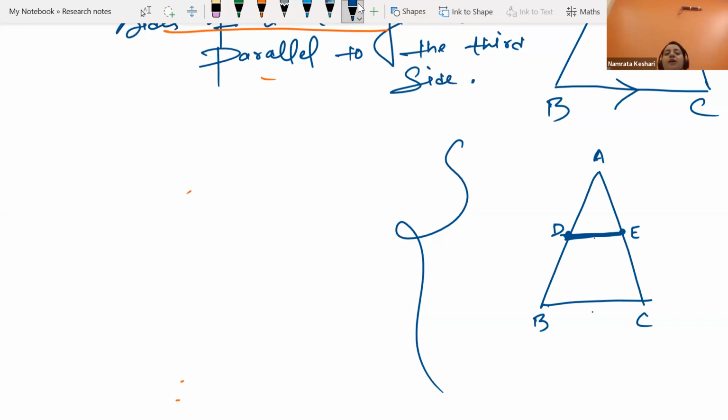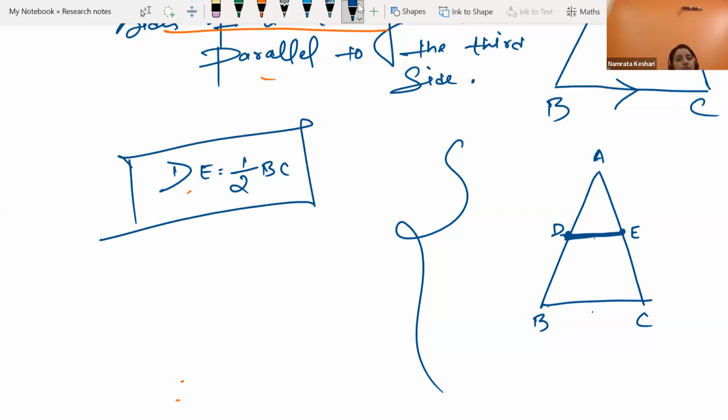That is the first thing we have to prove. However, DE is also half of the length of BC. This also we will end up proving. So the purpose is to prove DE is parallel to BC, and also that DE equals half of BC.